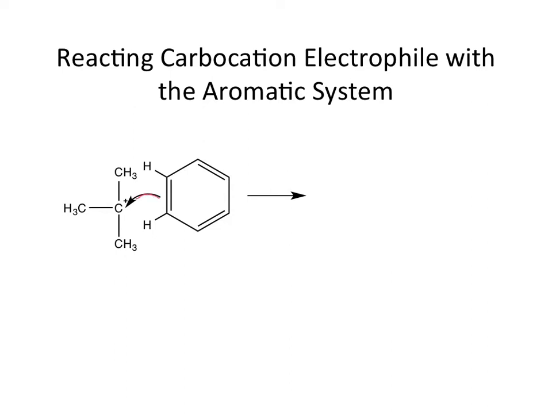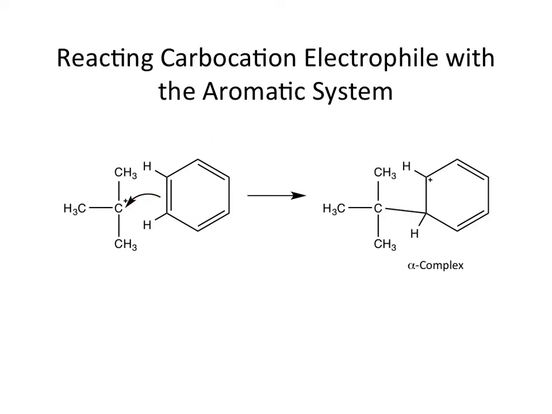The electrons from the pi bond enter that empty orbital in the carbocation. We create the alpha complex where we have a carbocation, this hydrogen adjacent to it. That can be a Bronsted-Lowry acid.